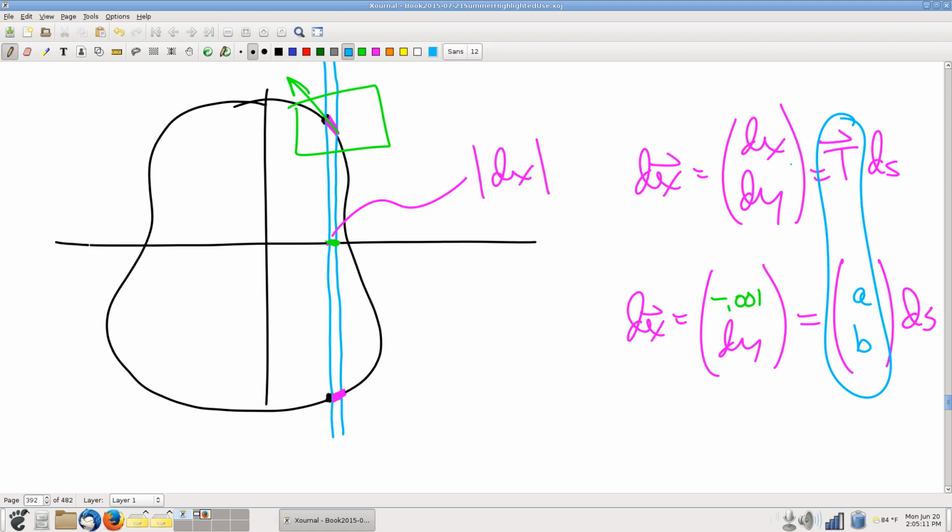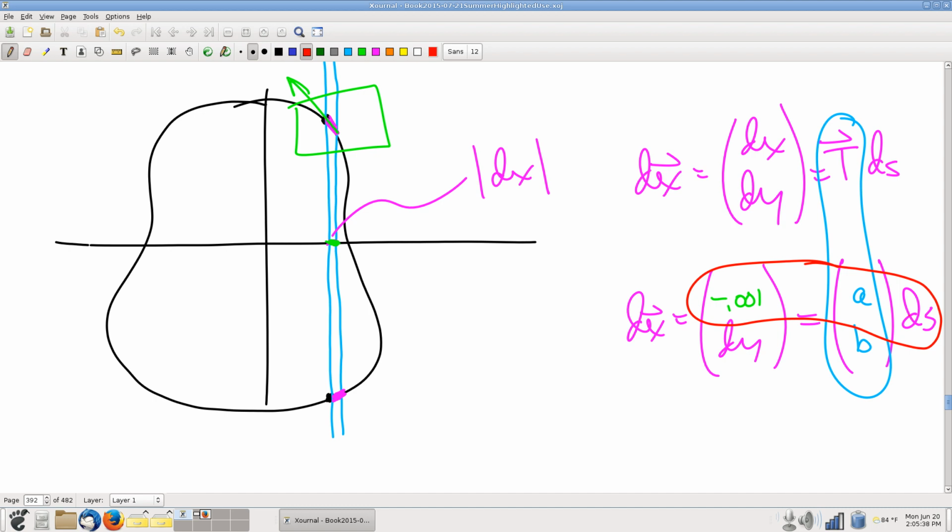So that means I know that, and I know that, and that means I can solve for ds, because minus 0.001 is a ds. Is everybody good?